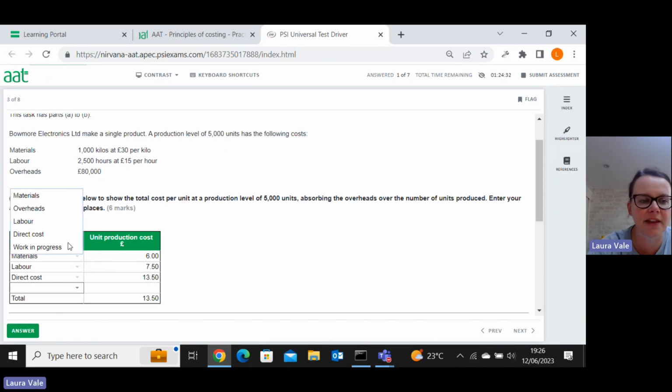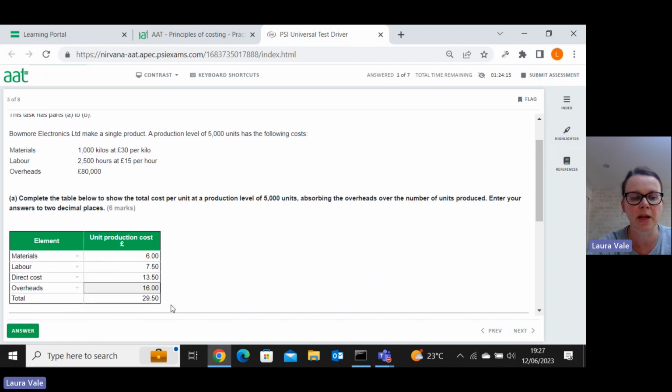And then finally the overhead, and remember the overhead is being absorbed per unit. So I'm going to do £80,000 divided by the 5,000 units, which means that I'm going to be absorbing £16 per unit, with a total unit production cost of £29.50.